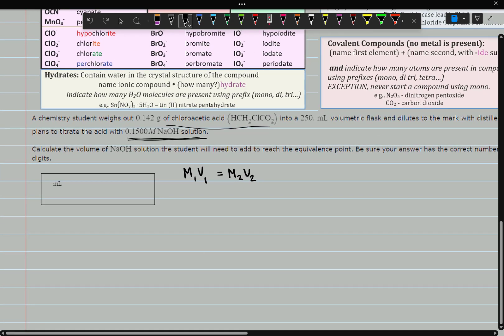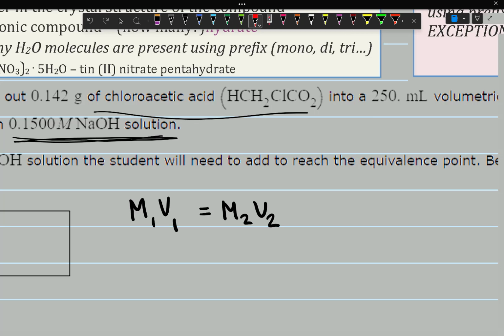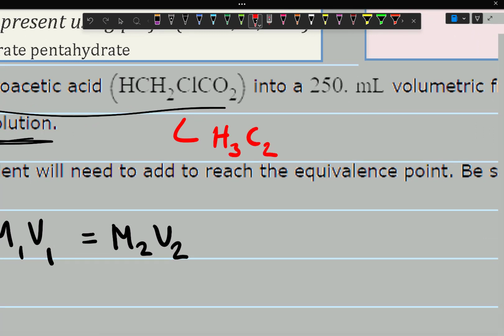So, first thing to do is we're given grams of this acid. We want to convert that to moles, so we're going to use molar mass. So rewrite this as H3C2ClO2. So the molar mass of oxygen times 2, plus the molar mass of Cl, plus the molar mass of 2 times carbon and the molar mass of 3 times hydrogen.